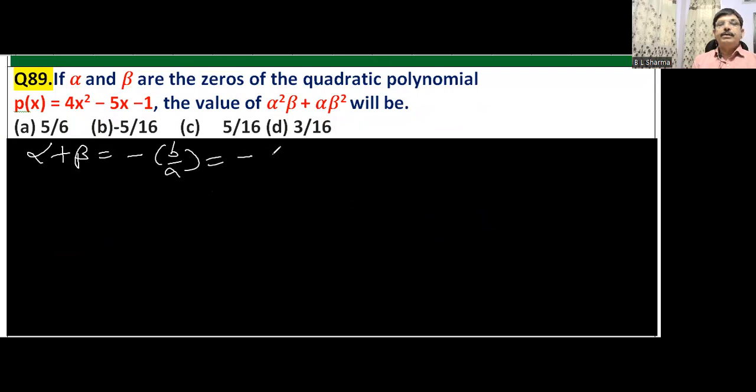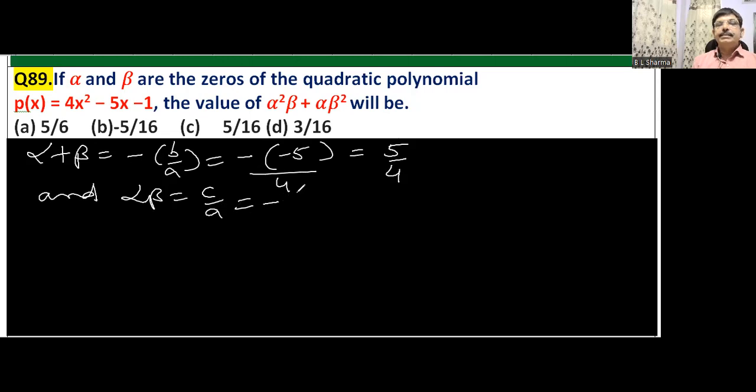Here negative b is coefficient of x, that is minus 5, and coefficient of x square is 4. That is 5 by 4, and product of zeros is given by c upon a. Here c is a constant term divided by coefficient of x squared, that is 4. So we have the product of zeros and sum of zeros.